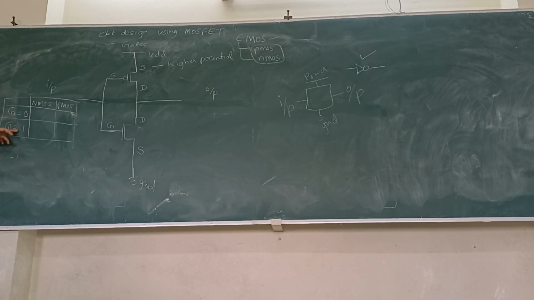If gate is given 1, NMOS will be on, and if gate is 0, NMOS will be off. If gate is 0, PMOS will be on. If gate is 1, PMOS will be off. And why these things happen, actually there is a mathematical equation for this, and during construction and working, we have seen it.